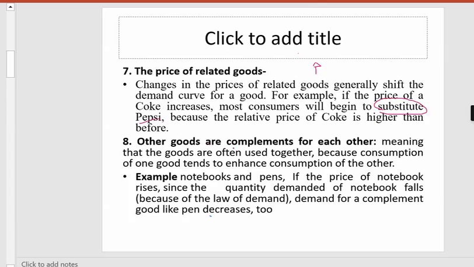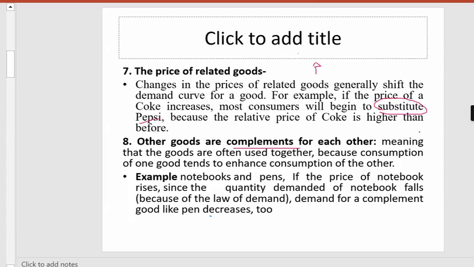Other goods are what? Other goods are complements for each other. They are depending each other. For example, the right shoes and the left shoes. If you buy the right shoes, you have to buy the left shoes as well. If the demand for pen increases, even the demand for what? Notebook will also increase.